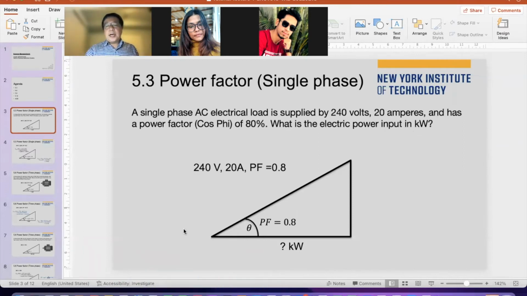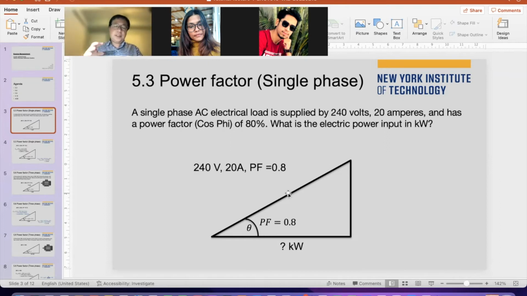And the hypotenuse, the slope line, is what we call the total power or apparent power. The unit is kVA.